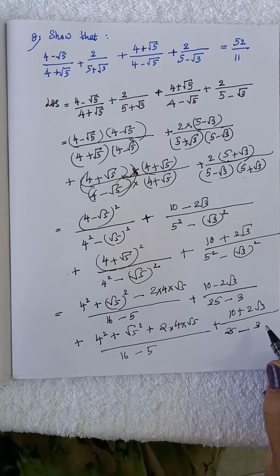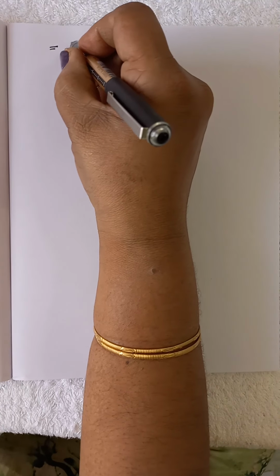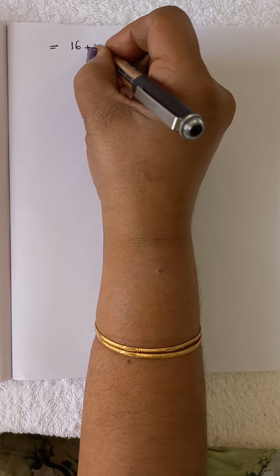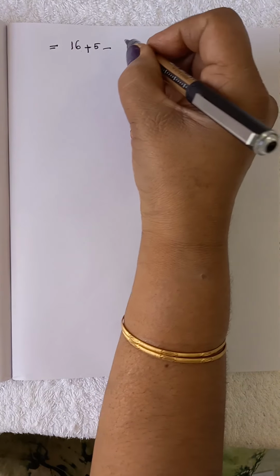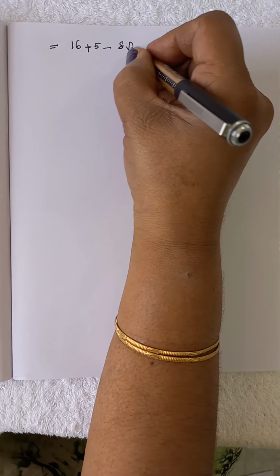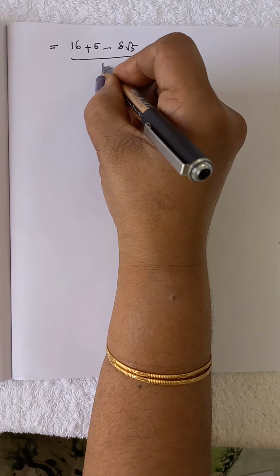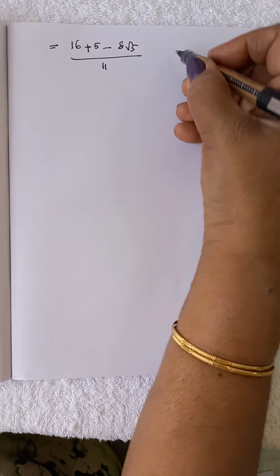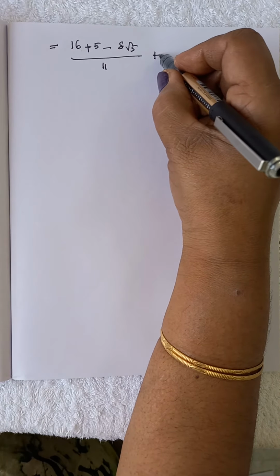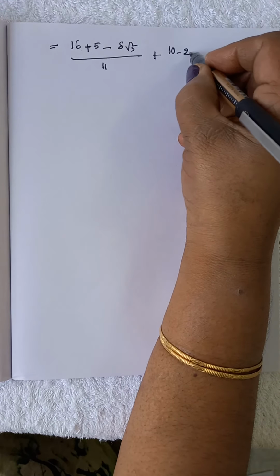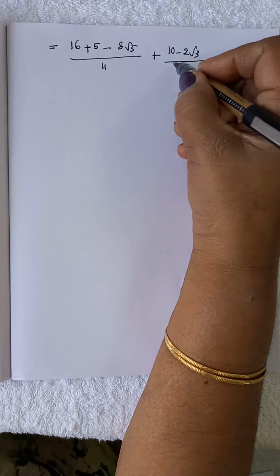Now this is equal to 16 plus root 5 square is 5 minus 2 into 4 into root 5, that is 8 root 5 divided by 16 minus 5, that is 11, plus 10 minus 2 root 3 divided by 25 minus 3, that is 22.